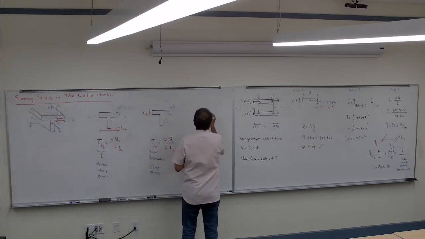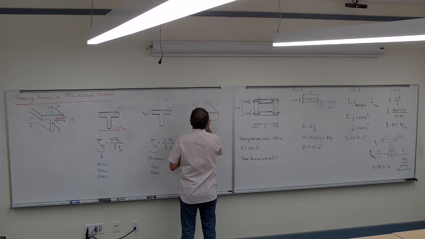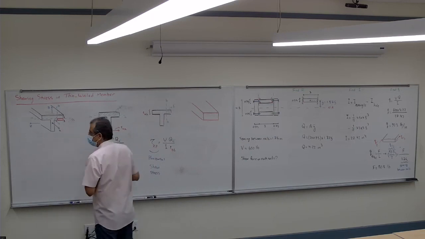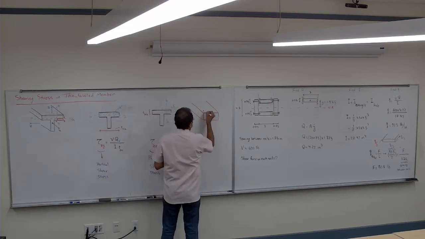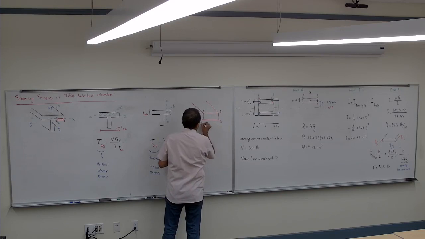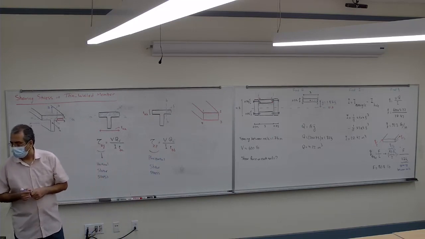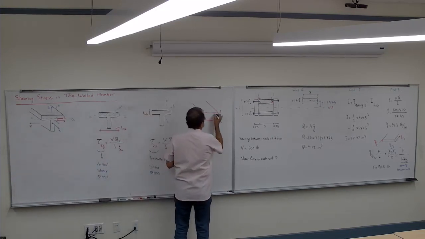If I bring that one and magnify it, it's going to be 1, 2, 3, and 4. If I bring that out, the shear stress on that is going to be tau xy. It's going to be tau yx.